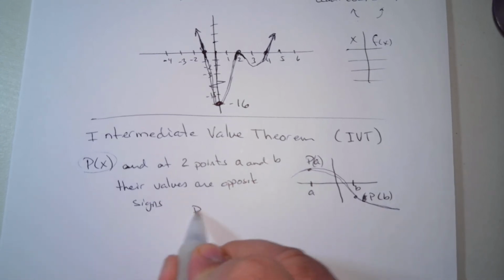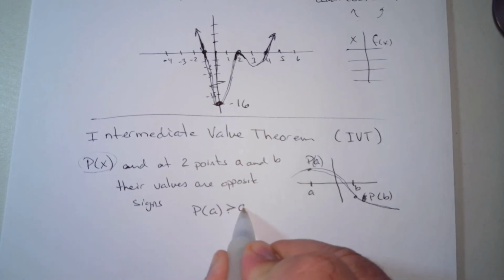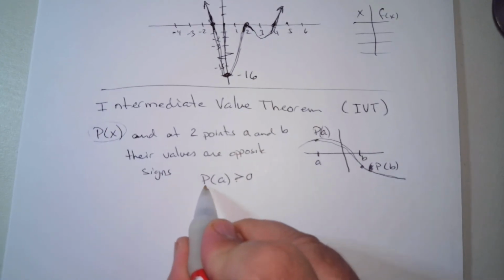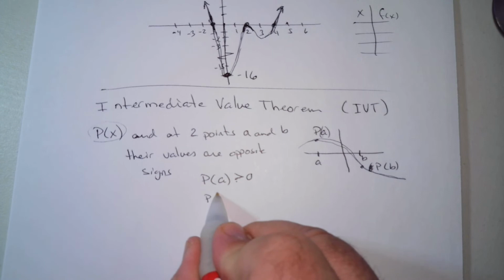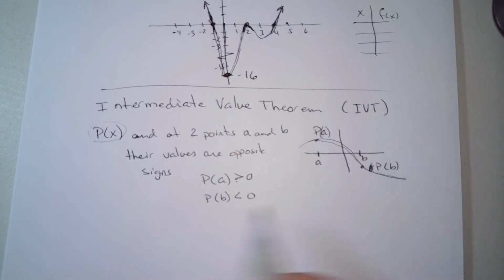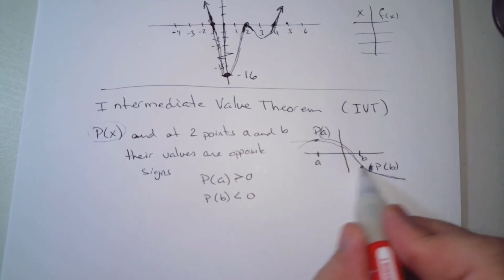So, since in this example, the value of P of A is above 0, and the value of P of B is below 0. This one's above the x-axis, this one's below the x-axis.